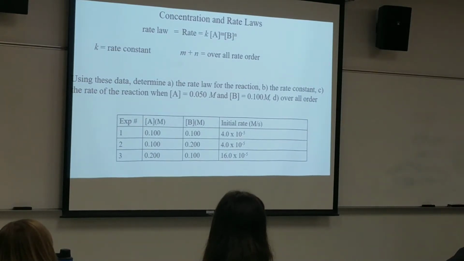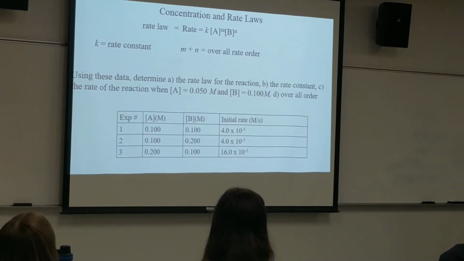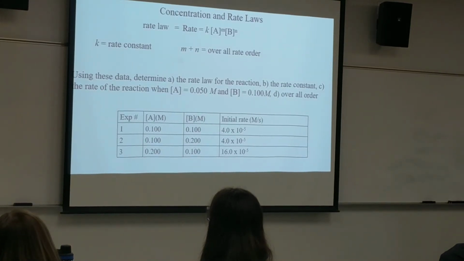Now, the question is, using these data, the first thing is you're going to determine the rate law for the reaction, right? That you're going to need M and N. The rate constant, once you get M and N, you can write out the rate law and then plug in one set of data. That will give you the rate constant. The third thing, right?